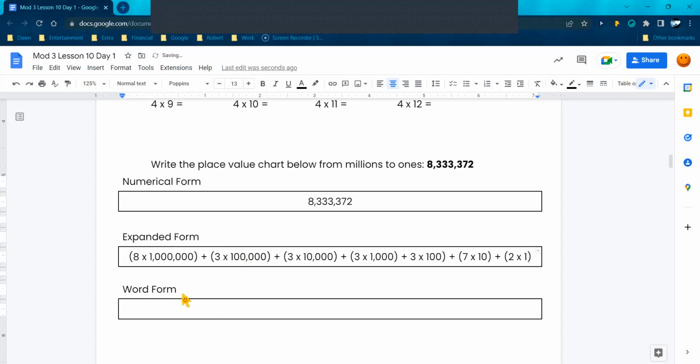This is what expanded form looks like when you write it out appropriately.